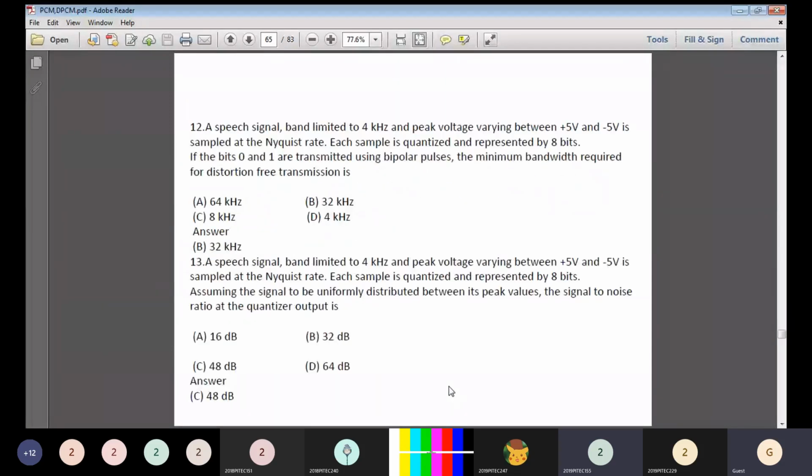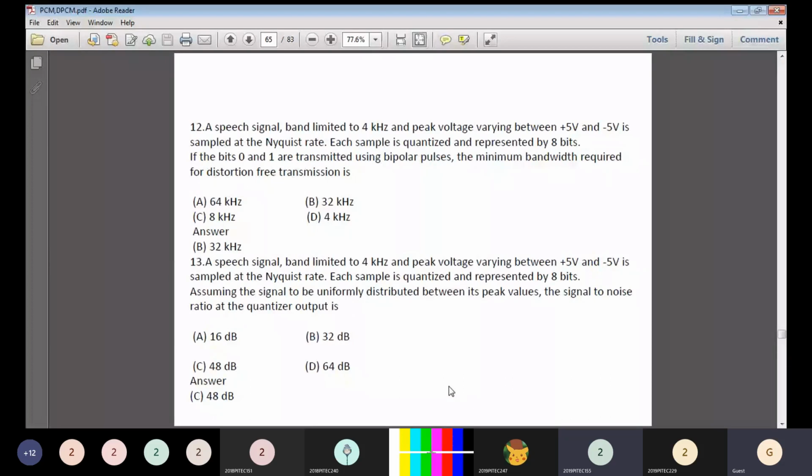From the 12th problem we have to see. The problem is: a speech signal band limited to 4 kilohertz and peak voltage varying between plus 5 volt to minus 5 volt is sampled at the Nyquist rate.